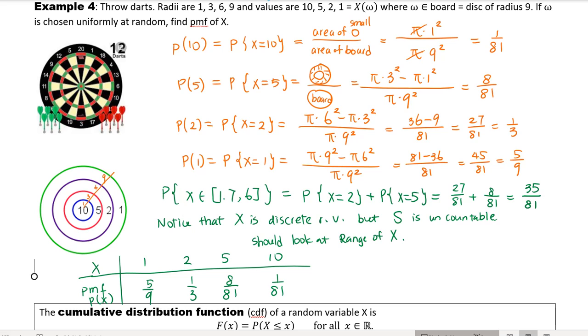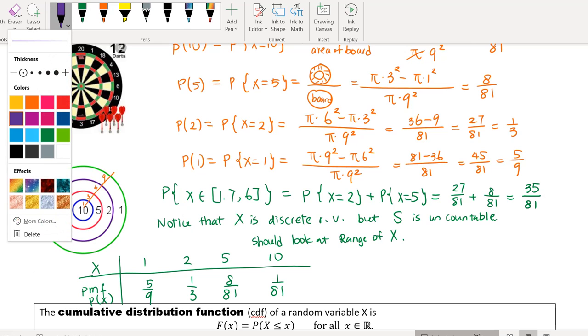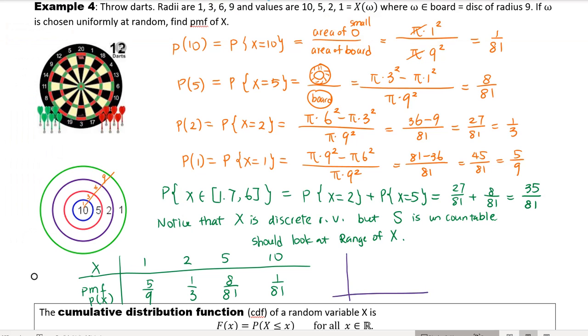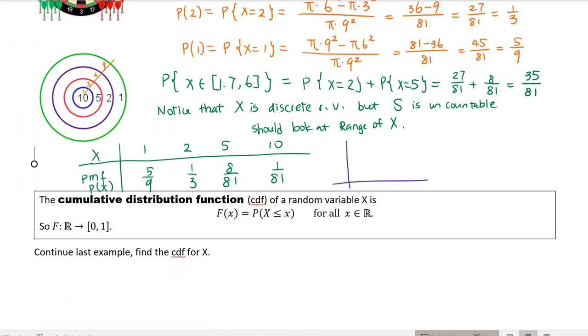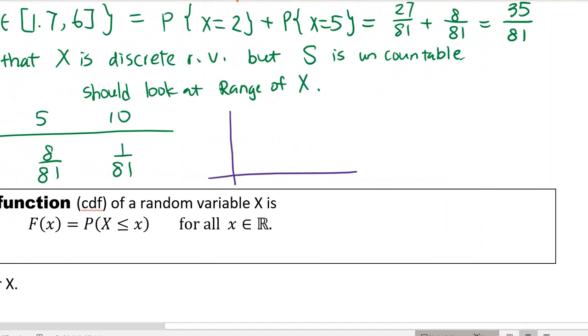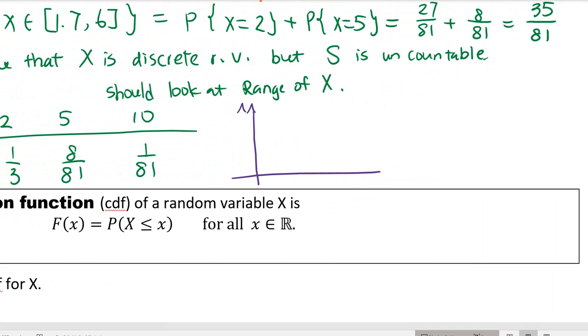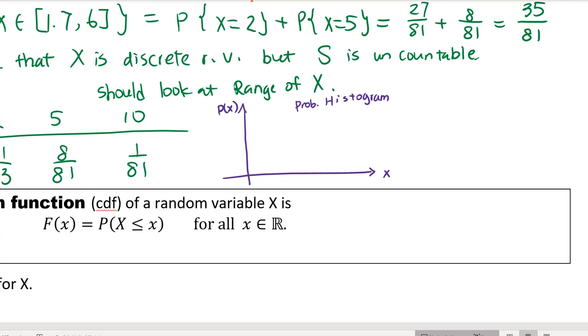We can also draw it in a graph. So let's draw the graph. Here I'm going to draw 2 different graphs to show you. The first graph I draw is a probability histogram. So for a probability histogram, you have the x-axis, and this is P of x. And then we have 1, 2, 5, 10.